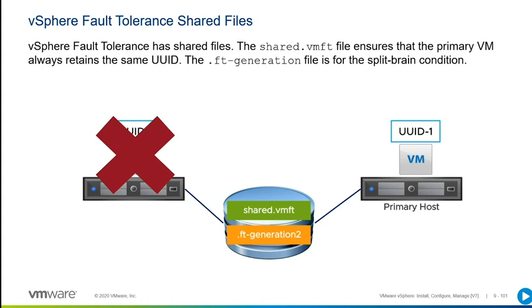Of course, when the primary VM has a lock on that file, it's not able to rename it until the primary host fails, at which point the secondary host says, ooh, I just renamed that file, I better become the new primary VM. And that's how that failover to the secondary host actually occurs.